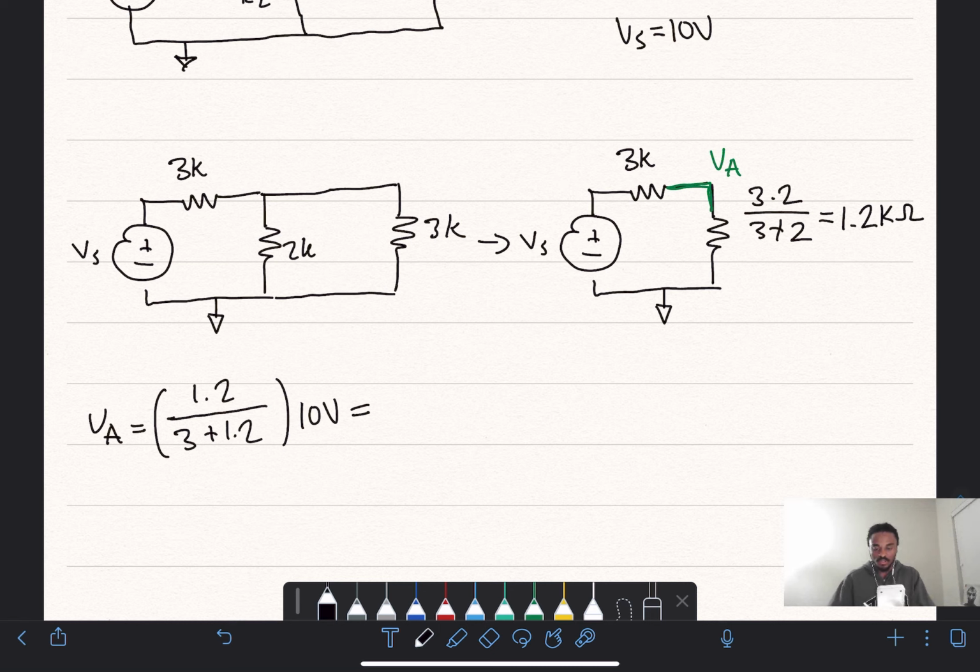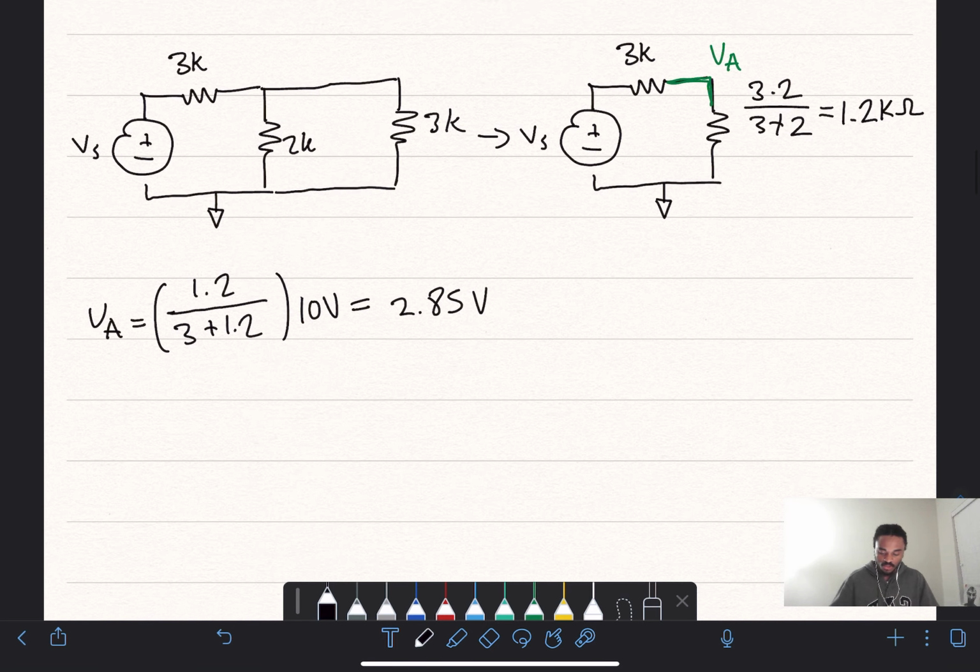That gives us 2.85 volts. So that's what VA is.